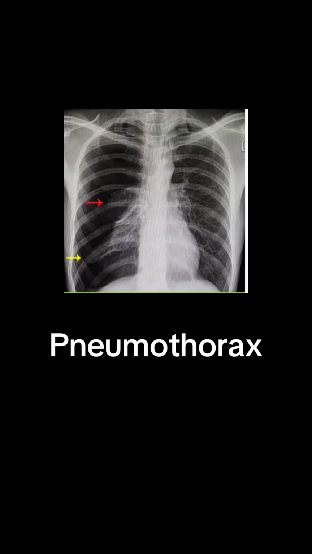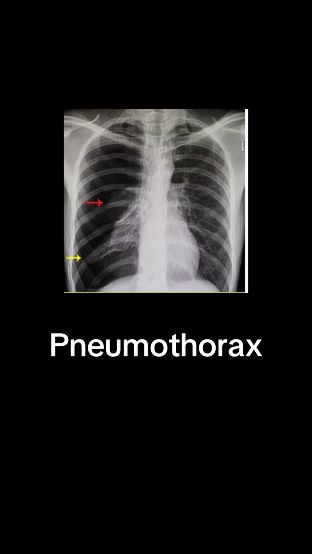But when there is any lung injury, air leaks out of the lung tissue and accumulates around the pleural space. When that air gets trapped, it increases the intrapleural or intrathoracic pressure. So now it becomes positive from negative.